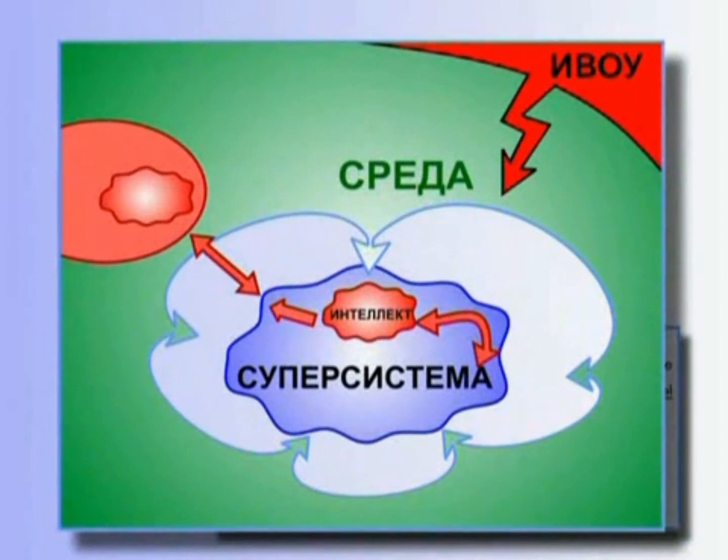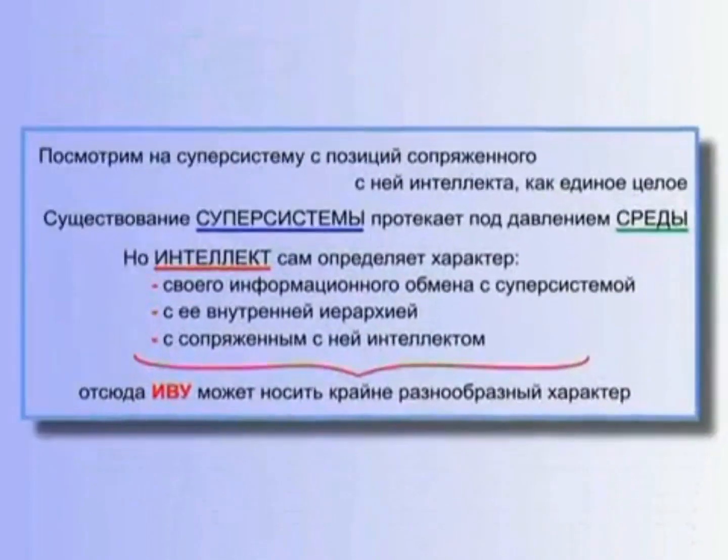Let's look at the supersystem from the perspective of the intelligence associated with it as a single whole. That is, there is a supersystem. It possesses intelligence, based on which it can self-manage and can influence other fragments, meaning supersystems. The environment influences, and the highest encompassing management hierarchically also influences the supersystem, and so on. The existence of the supersystem occurs under the pressure of the environment.